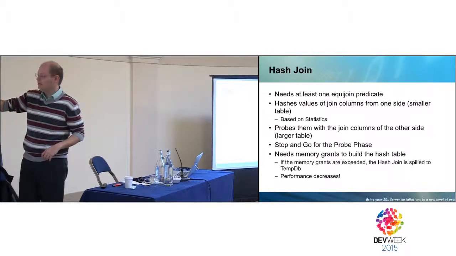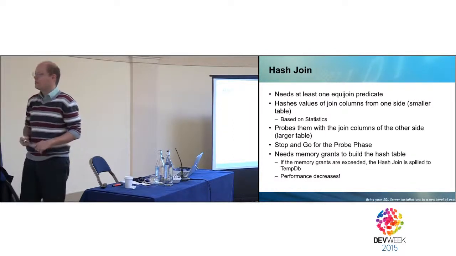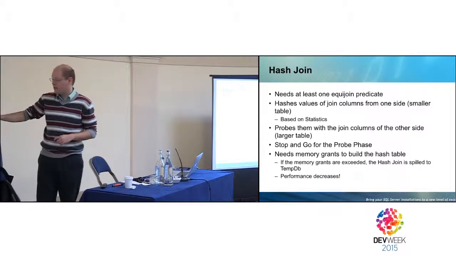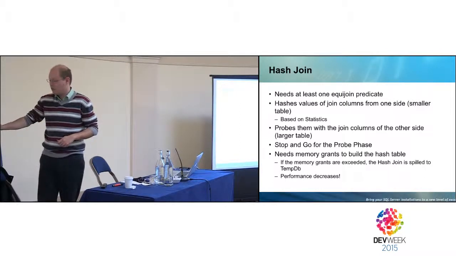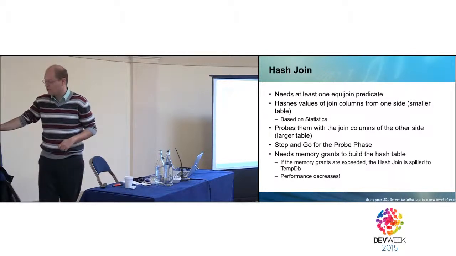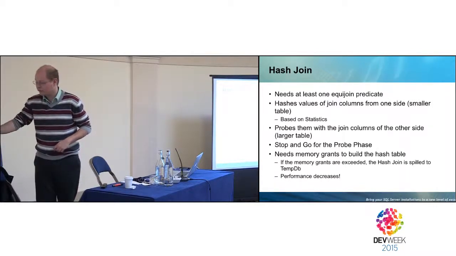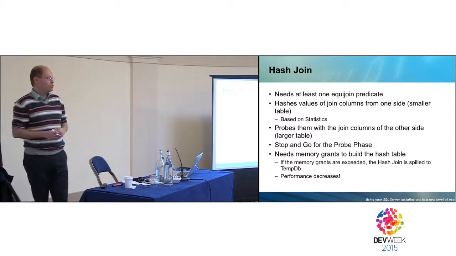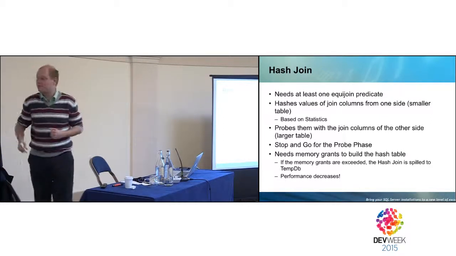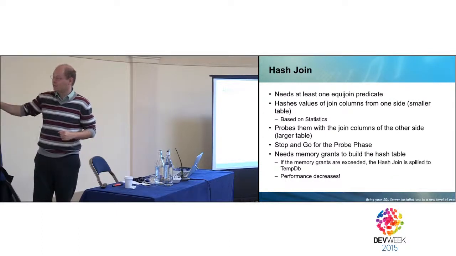Table B. When we look at the execution plan, again, SQL Server accesses both tables and performs a hash join between both tables. A hash join always consists of two different phases. The first phase is the so-called build phase, and the second phase is the so-called probe phase.